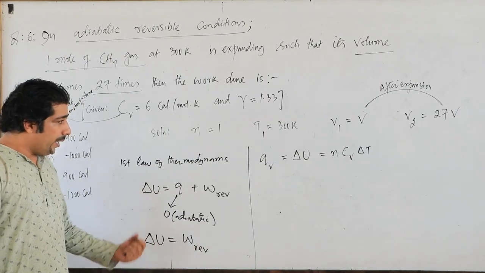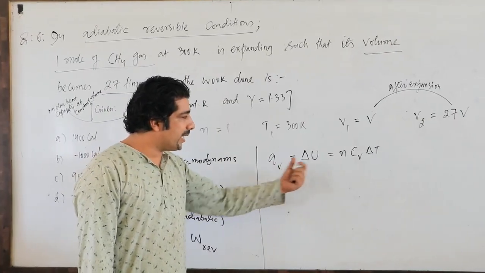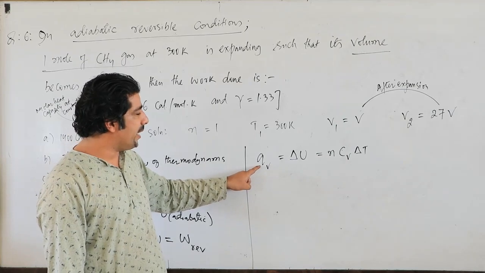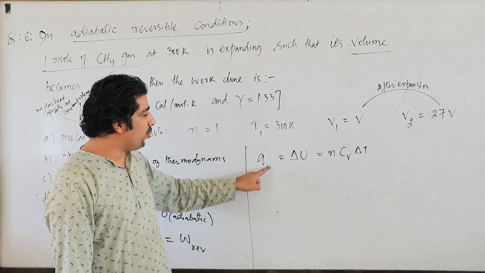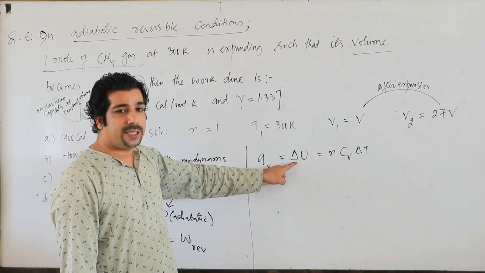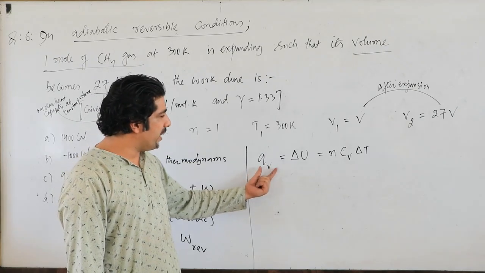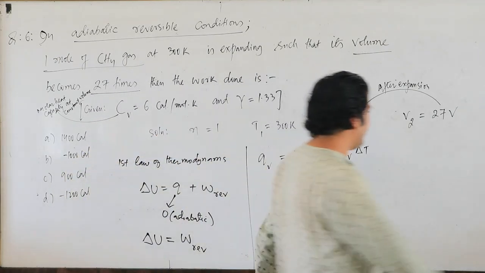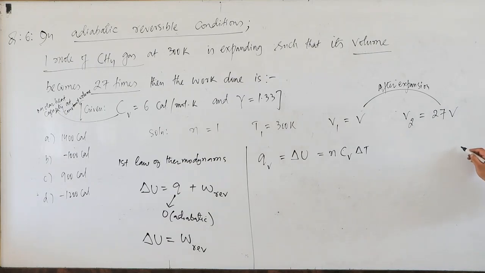Now you will be thinking how has it come? Previous time I told you that heat absorbed by the system at constant volume is equal to the change in internal energy. And how is this QV related to this expression? Have a look at this particular expression.